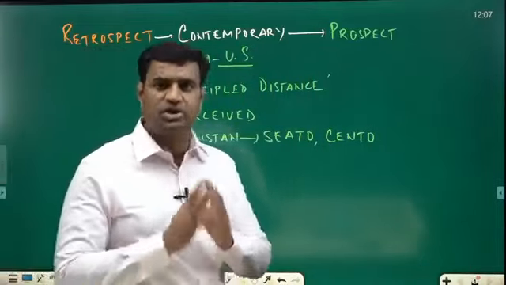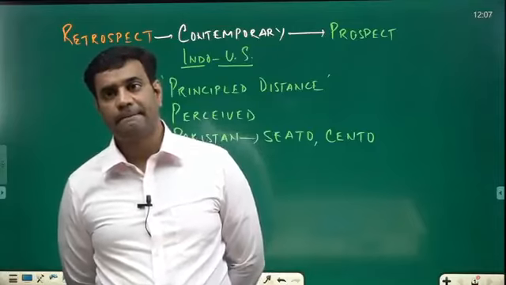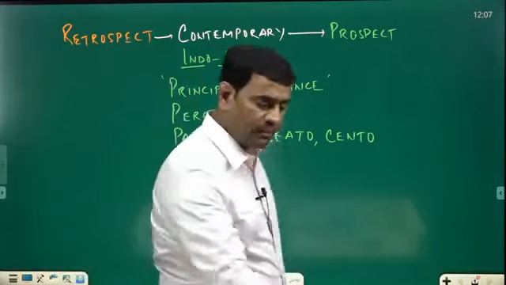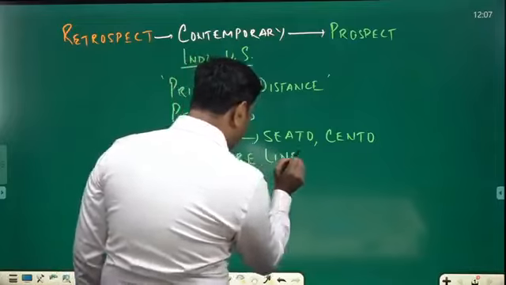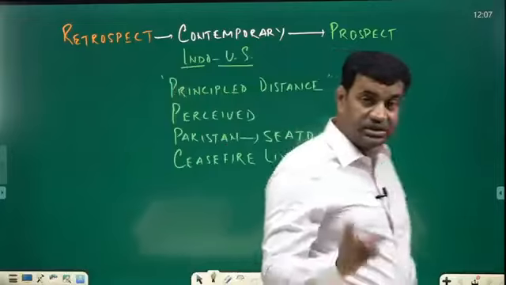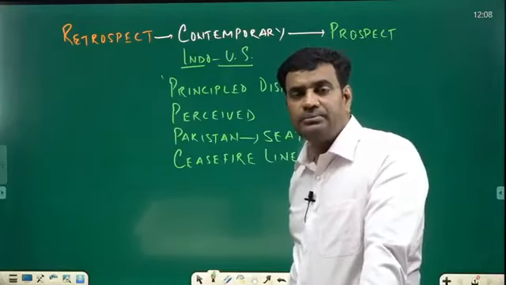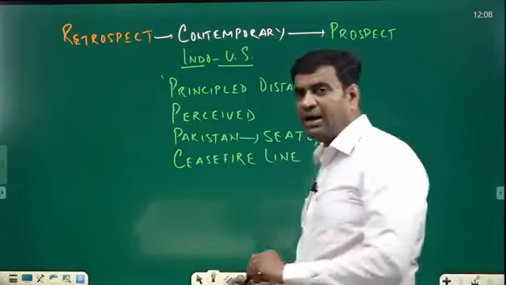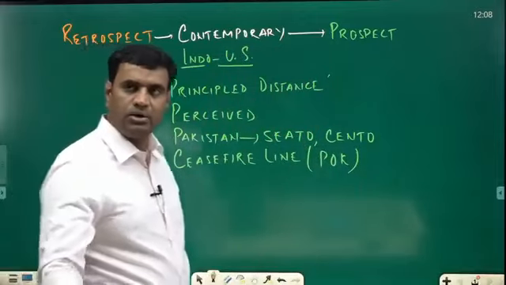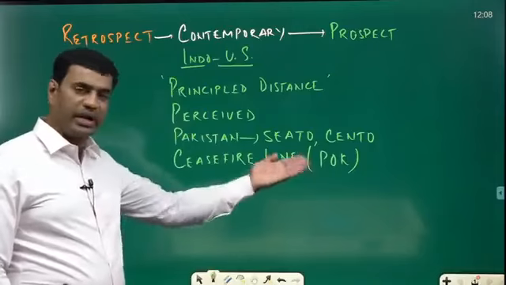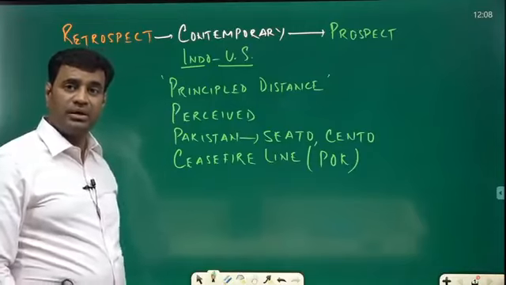It supported Pakistan on the Kashmir issue, and demanded the ceasefire line in Kashmir, whereby Western Kashmir came under Pakistan's control, known as POK, Pakistan Occupied Kashmir.